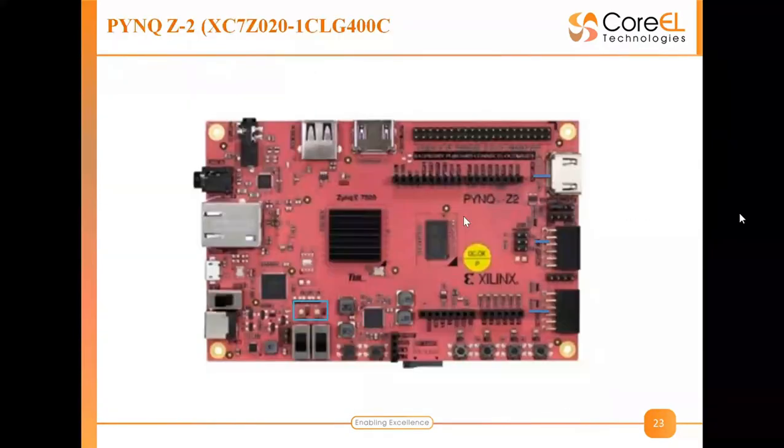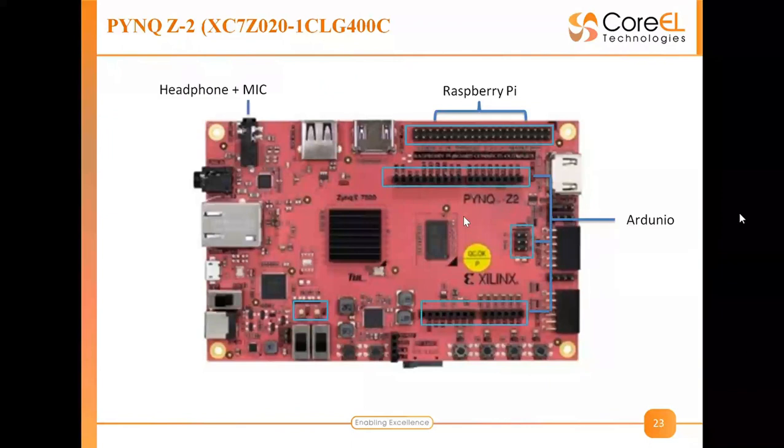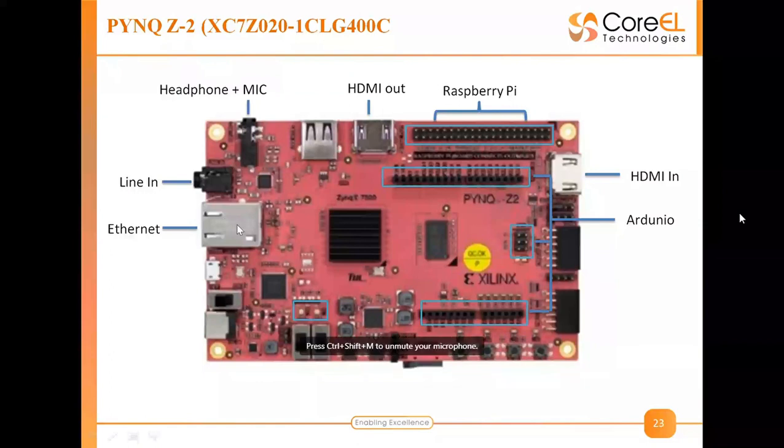This is the PYNQ Z2 board. This is the Ethernet connection, the Ethernet port. I'll be using this. I have to connect the Ethernet port from the board to my laptop. It is already connected. Take an Ethernet cable, plug it into the Ethernet port on the laptop, and connect the other side to the board.